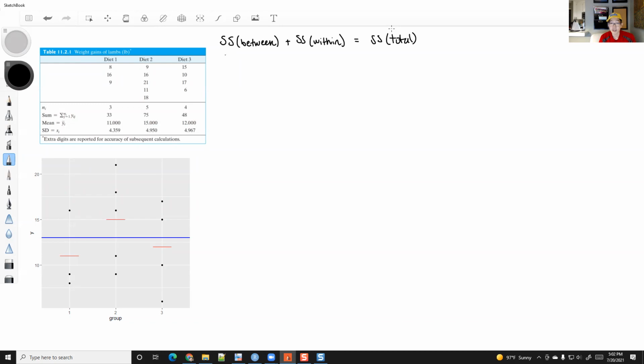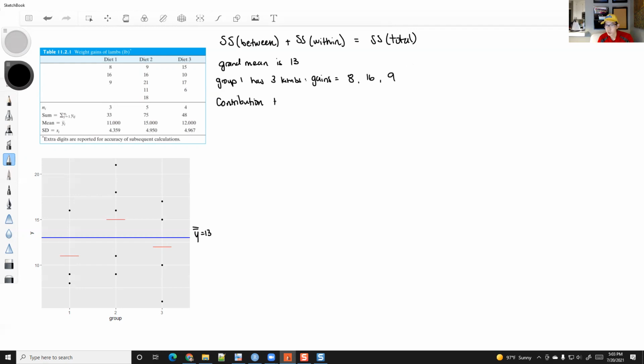Again, we have a grand mean of 13. Group 1 has 3 lambs, and the gains are 8, 16, and 9.